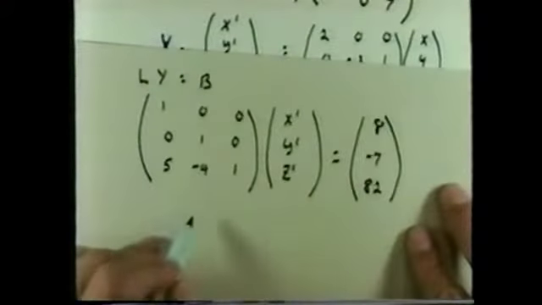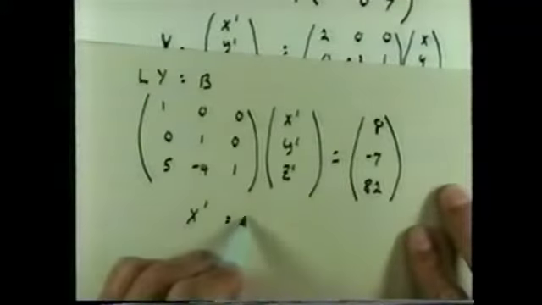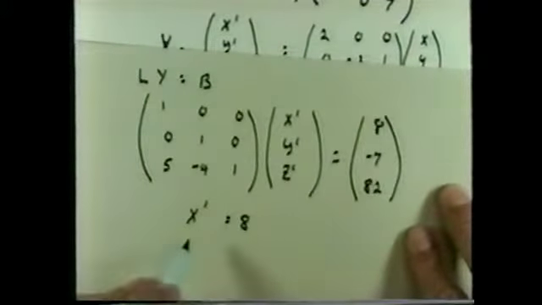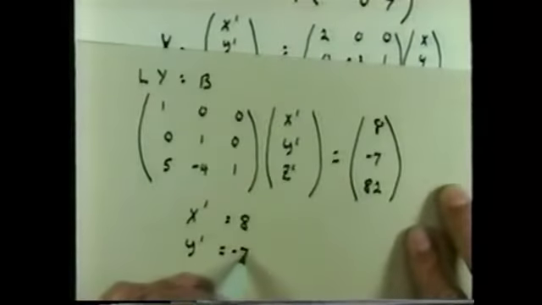Now I have the system: x prime is equal to 8, y prime is equal to negative 7, 5x prime minus 4y prime plus z prime is 82.